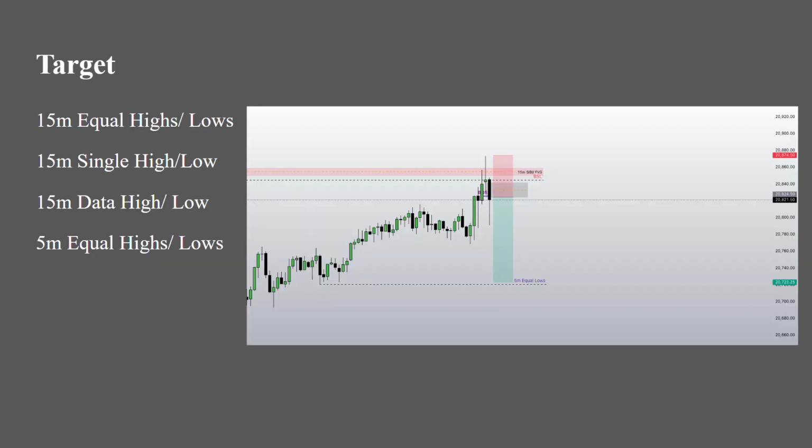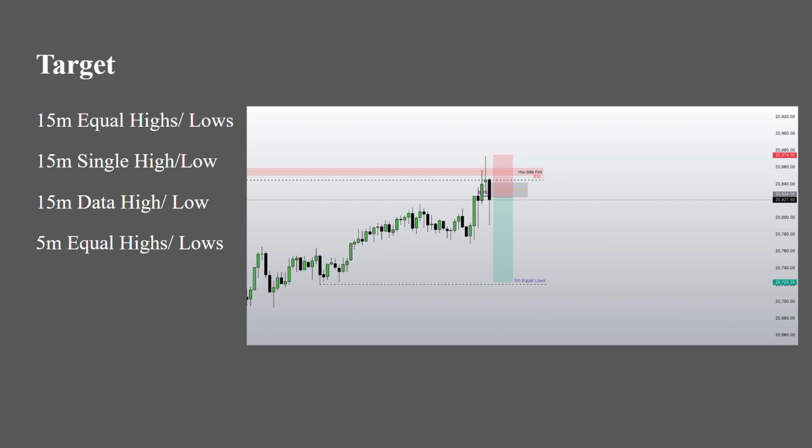Now, what do you target? There are 4 targets that you can utilize. 15-minute equal highs and lows, 15-minute single high, single low, 15-minute data high, data low, and 5-minute equal highs and equal lows.